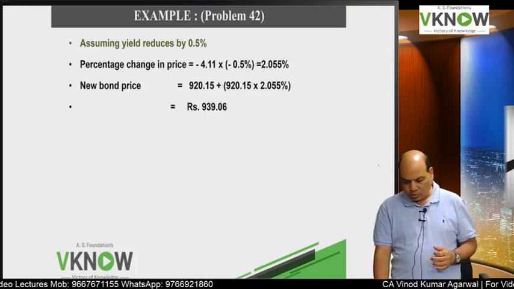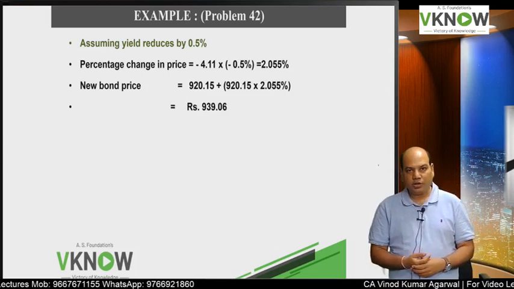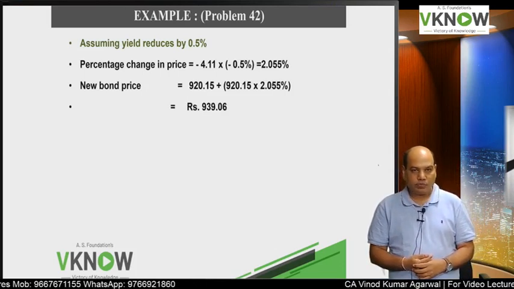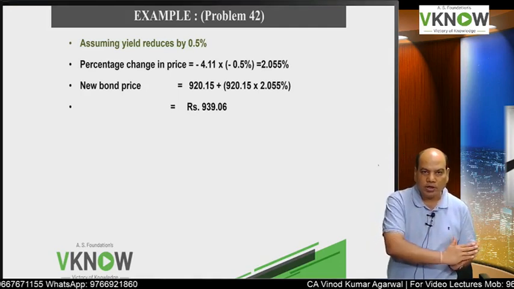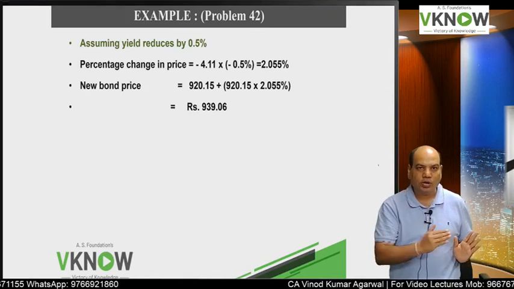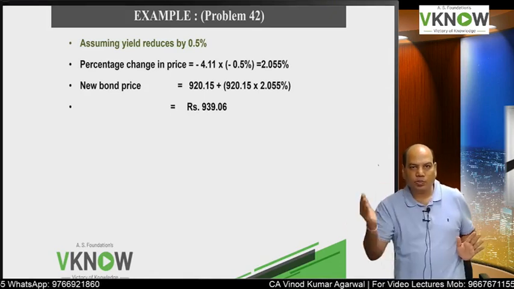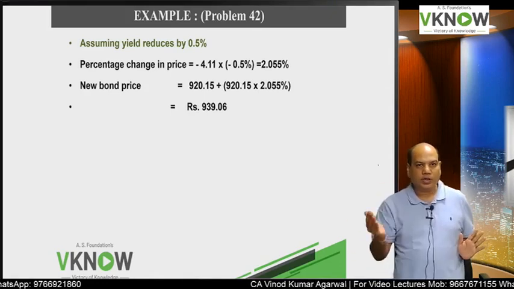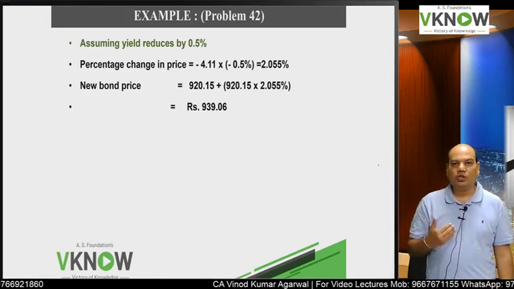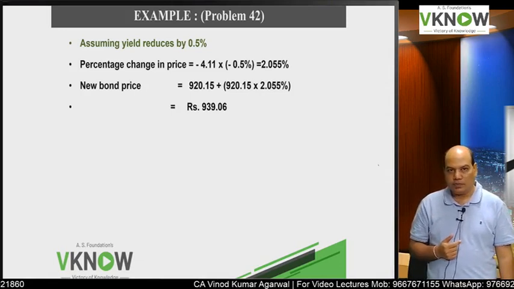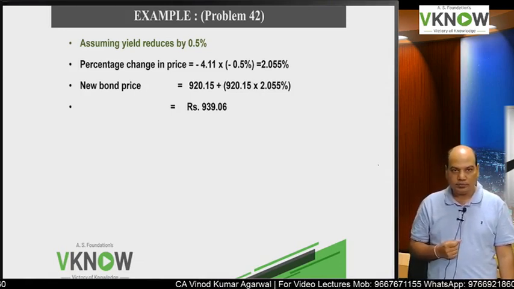So that is equal to 939.06, which means using the duration concept, finally I am able to calculate what will be the revised bond price if YTM changes by 0.5%. That was the advantage of learning this duration.